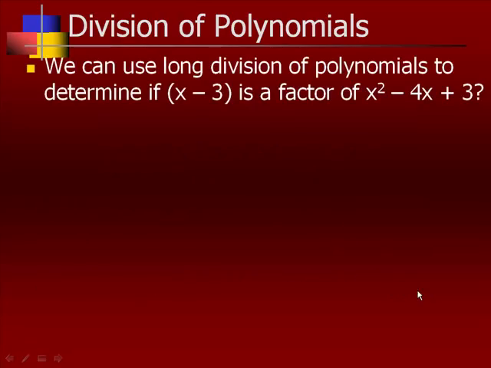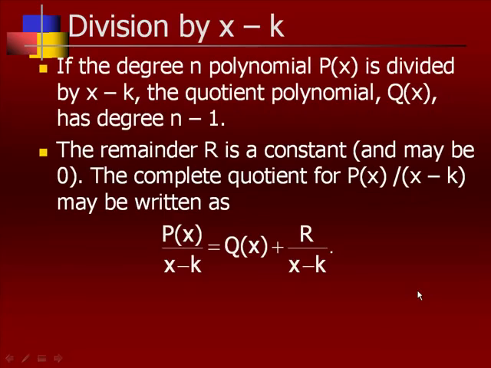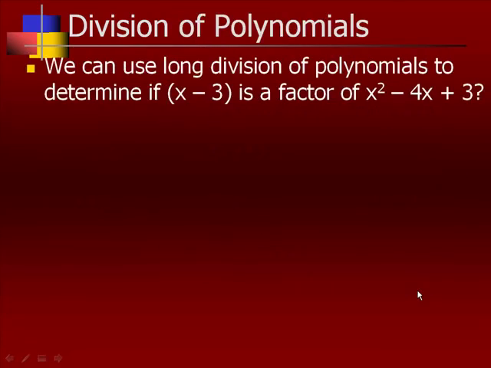We can use long division to determine if x minus 3 is a factor of x squared minus 4x plus 3. So what we do, long division, is x minus 3 into x squared minus 4x plus 3.